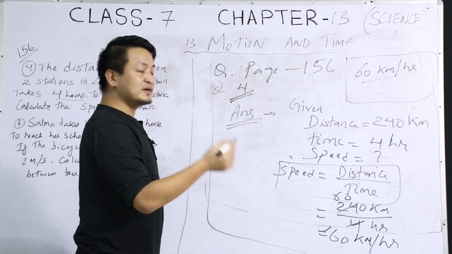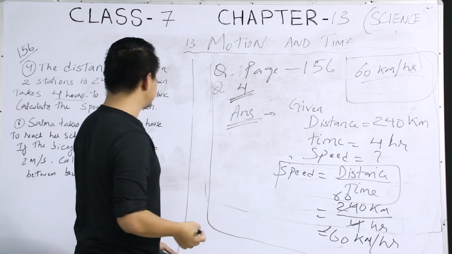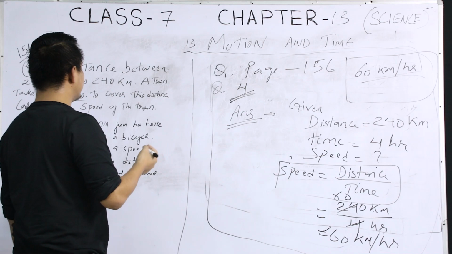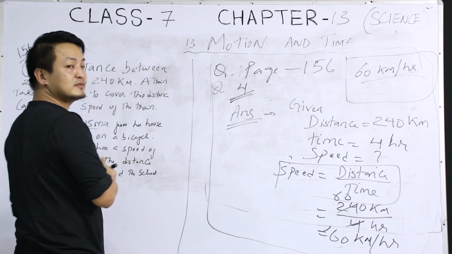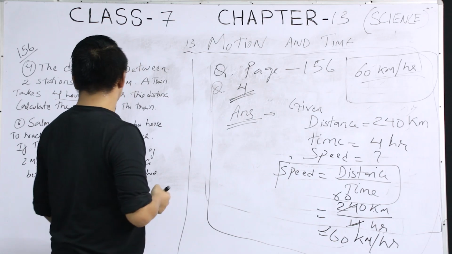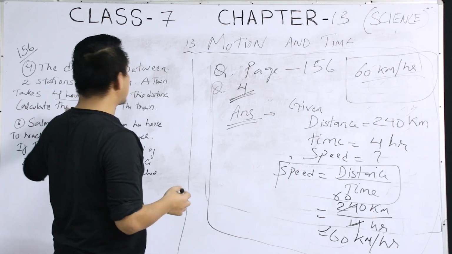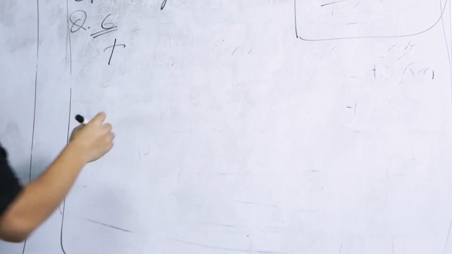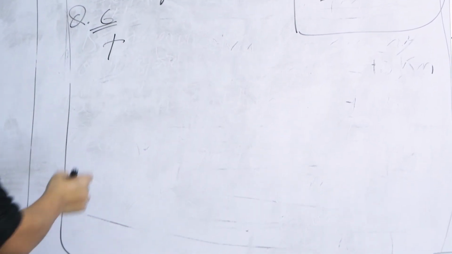Clear? So question number 6. Salma takes 15 minutes from her house to reach her school on a bicycle. So that means the time is already given. Question number 6, the same page 156.